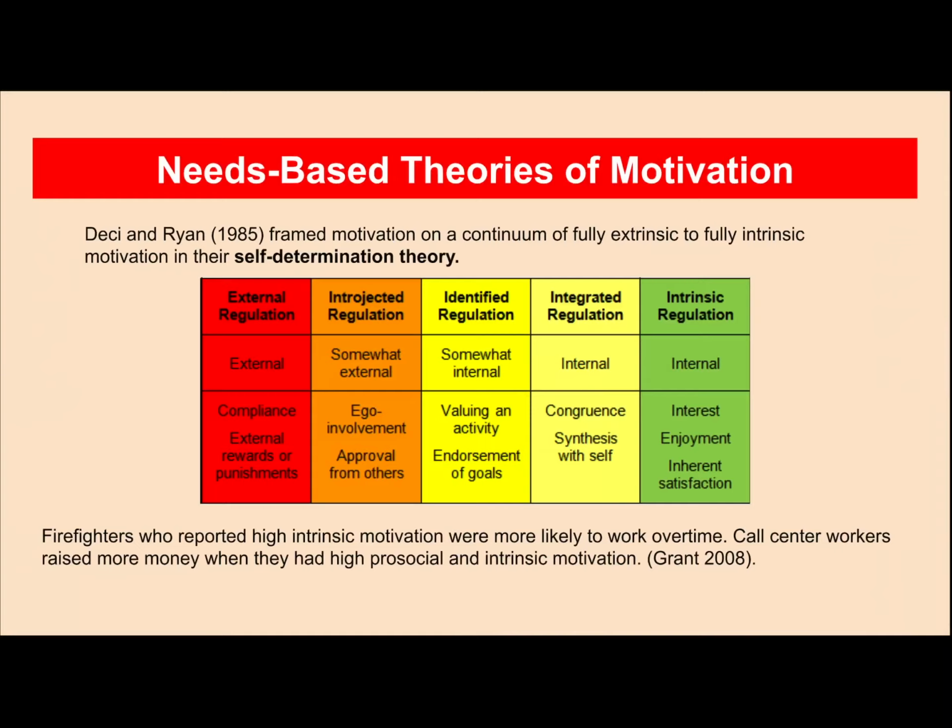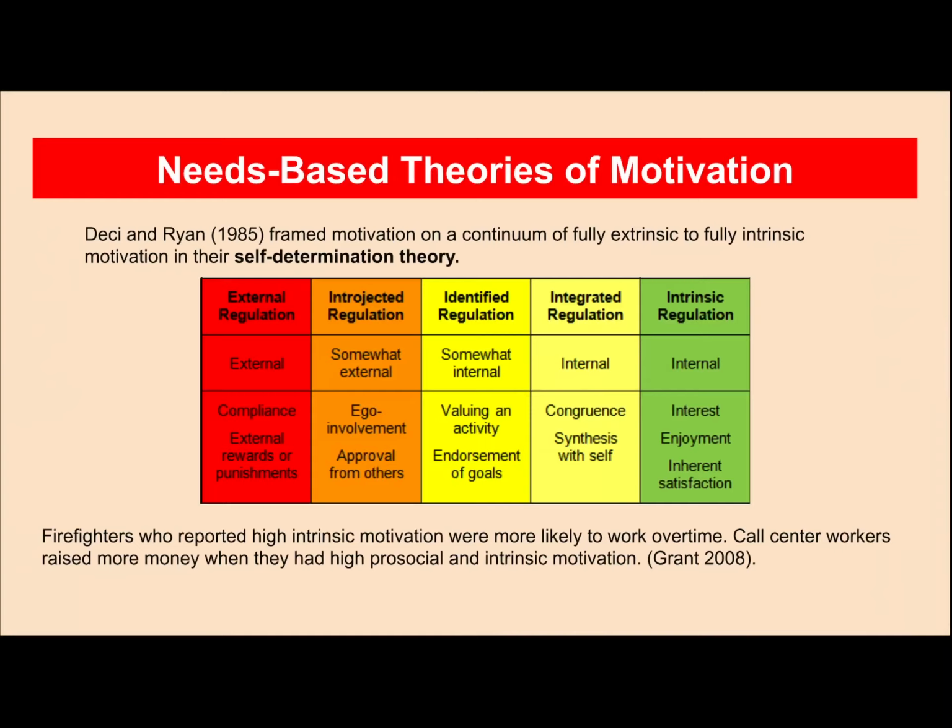Moving up to integrated regulation, this is considered an intrinsic or internal factor. This includes things like congruence and synthesis with self. So if your job and its values and its core matches with who you are, that's called integrated regulation. So not only do you value the activity, but those values match with your core values.